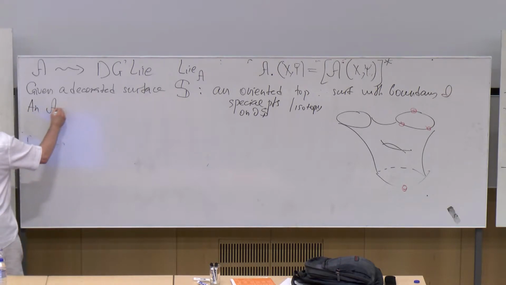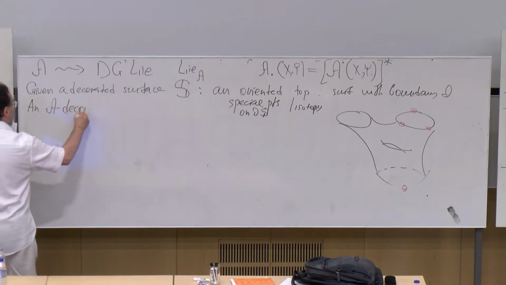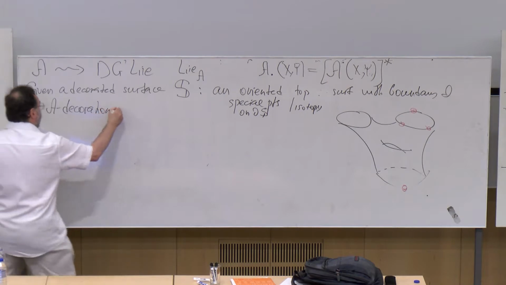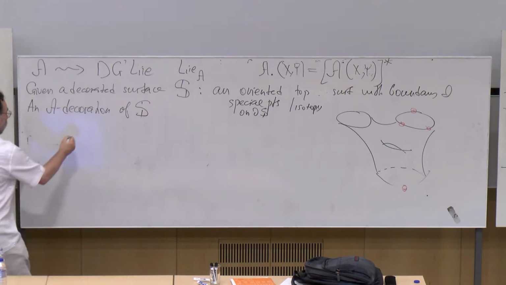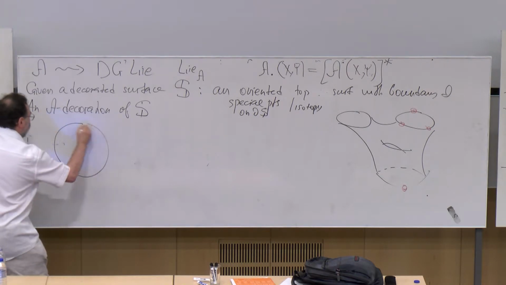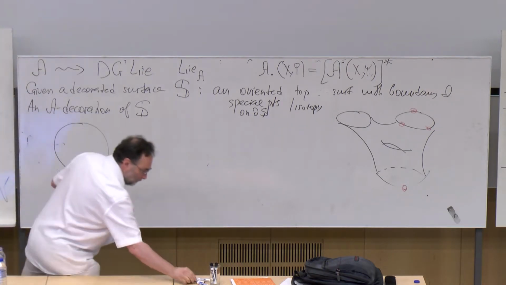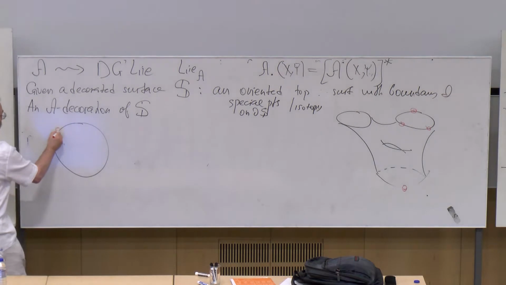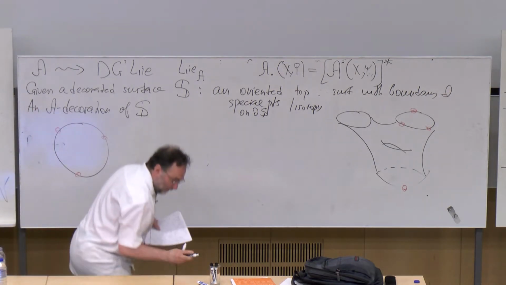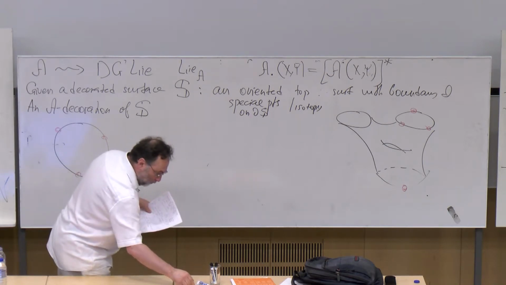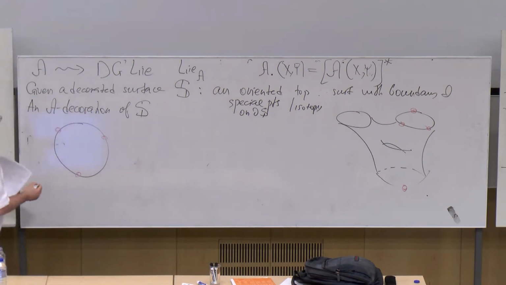And now the data which I want to associate to this, I want to have a notion of a decoration of S. A is my category. Let me give you the simplest possible example of a decoration. Let's suppose that your surface is a disk which has 3 points here. Then how do I decorate it? I put objects of my category on the interval.